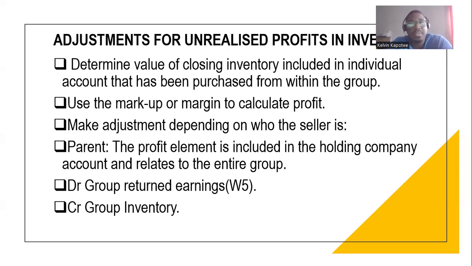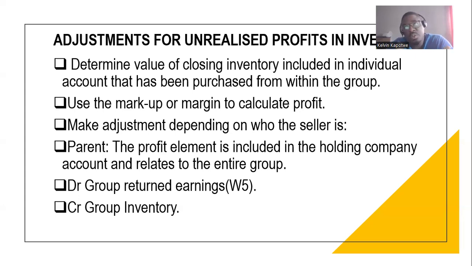If the parent is the seller, the profit element is included in the holding company's account and relates to the following entries to the group. Meaning the profit is already included in the retained earnings of the parent, so you must eliminate it.